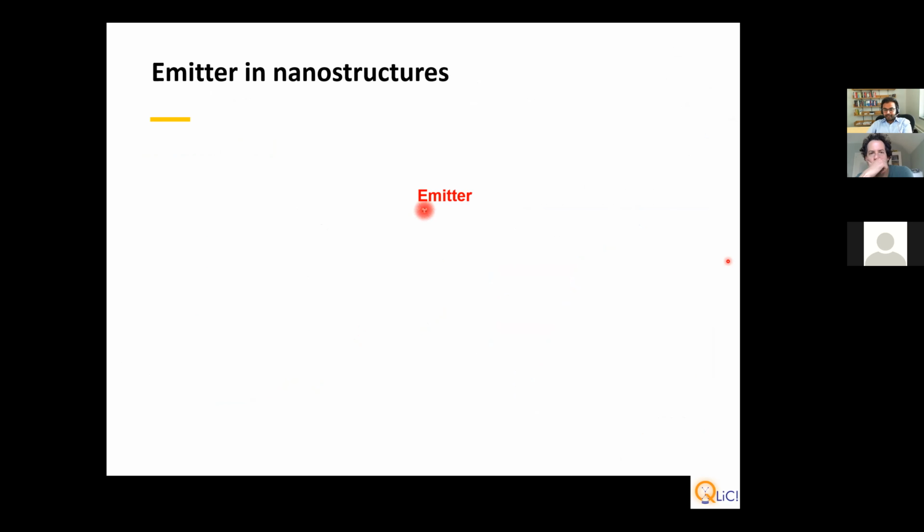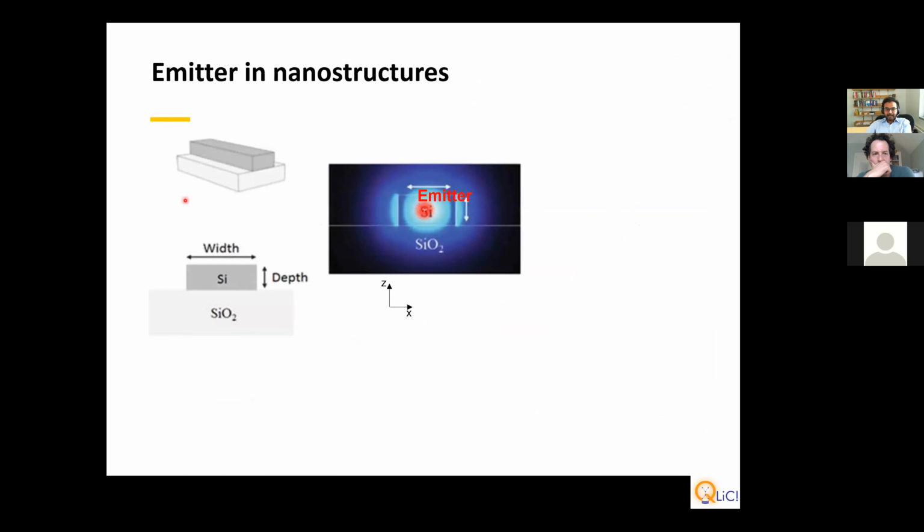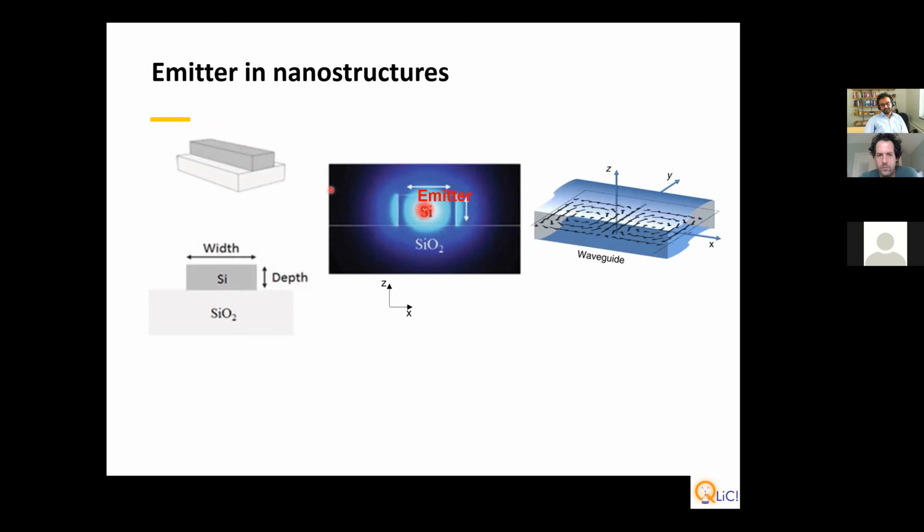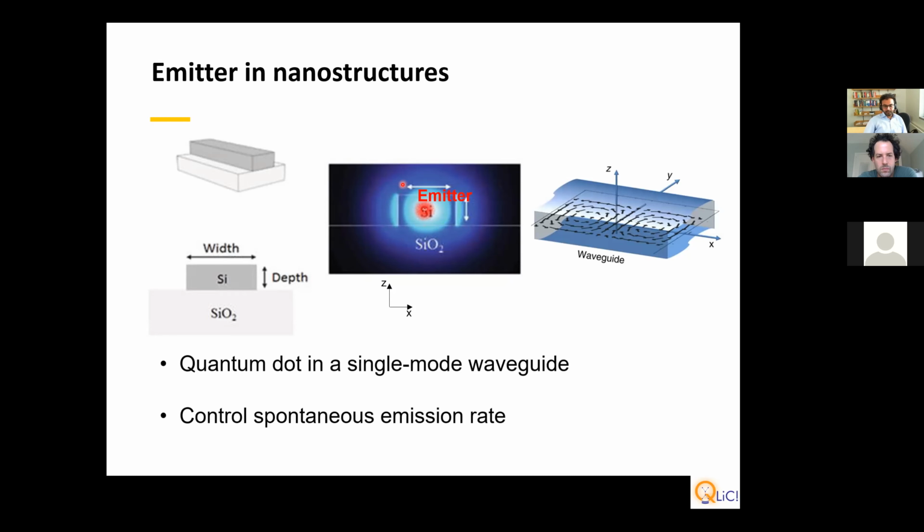I can do a little bit better by cutting that slab even further. I'll now cut the slab also in the horizontal direction, or the lateral direction in the plane, so that it has a finite width of the order of the wavelength of light, and also height. By placing the emitter inside, in this particular case I'm showing it in silicon and silica, but in our case we'd be doing this in gallium arsenide, we can control the way this emitter emits.